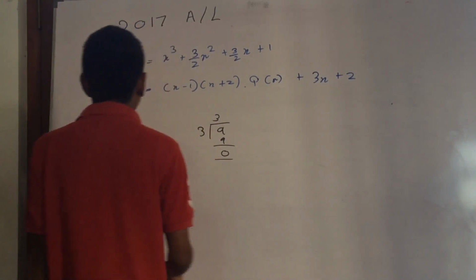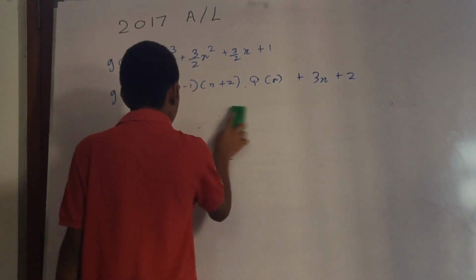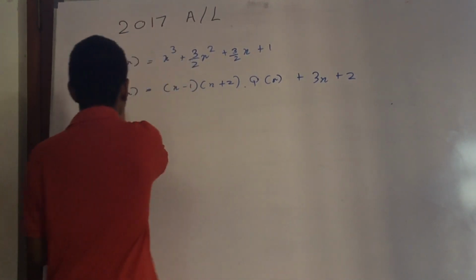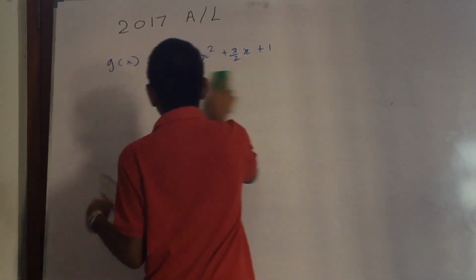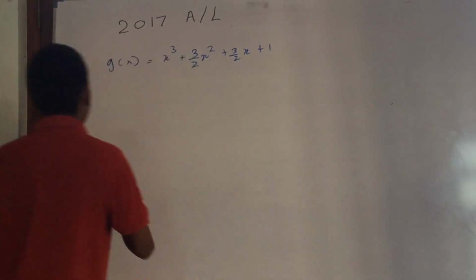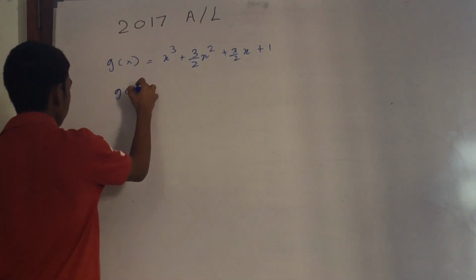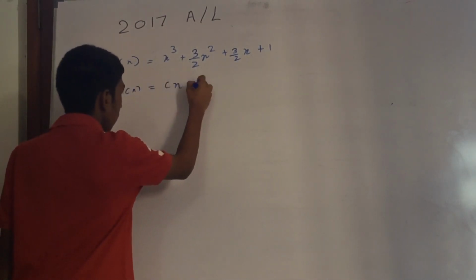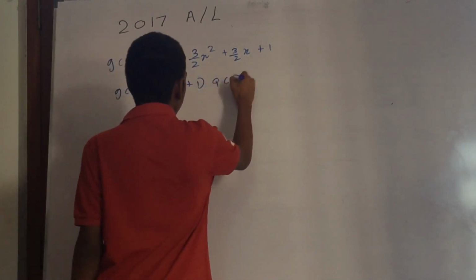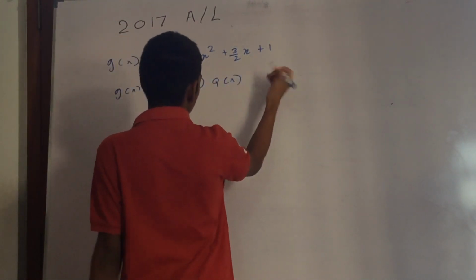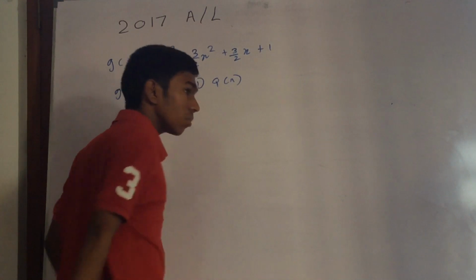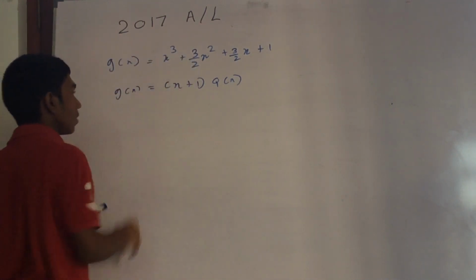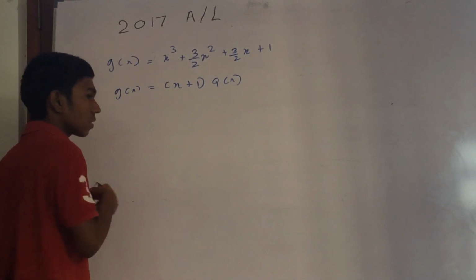So here when we substitute x plus 1 into this polynomial, we should get 0. g(x) is this one, so it will be equal to (x plus 1) into the quotient plus the remainder. There will be no remainder because they have said to show that x plus 1 is a factor. So if it's a factor, there will be no remainder.